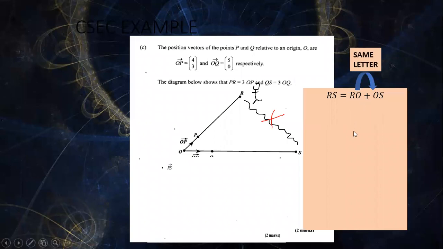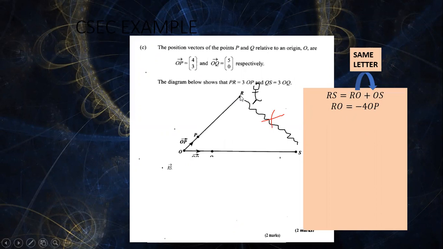Remember, the letters are the same, very important. Now, RO is negative 4OP. From R to O, yeah, is negative 4OP. It makes sense, right? Because from P to R is 3OP, and O to P is OP.